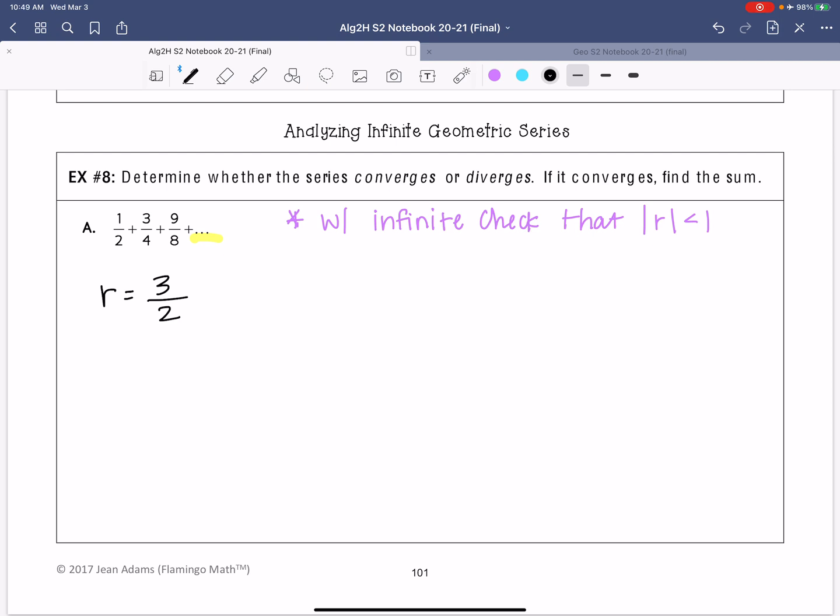So my ratio that I'm multiplying by is 3/2. Is 3/2 less than 1? No. So since it's not less than 1, R is greater than 1, this series diverges. And you just can't analyze it. You can't find a sum.